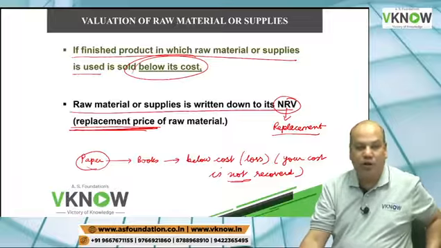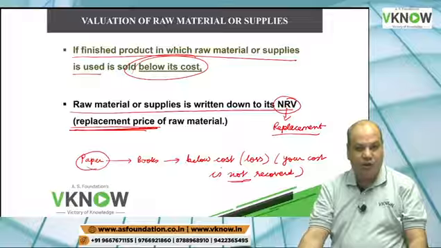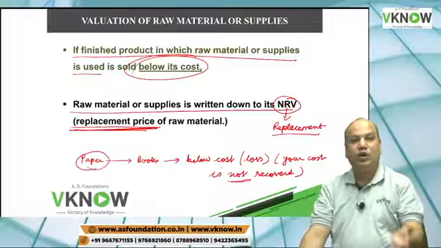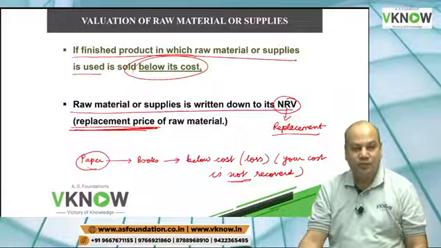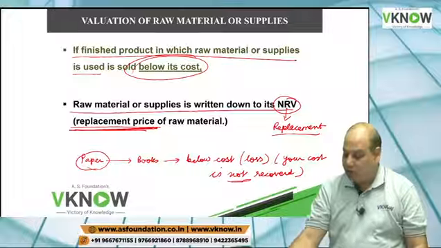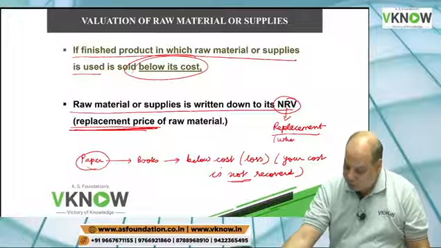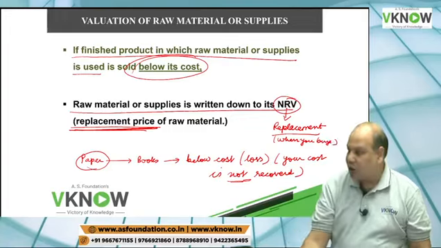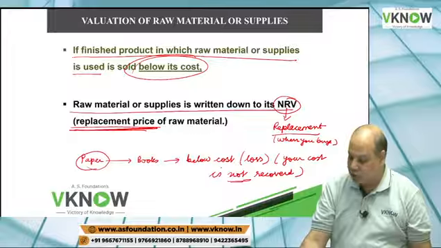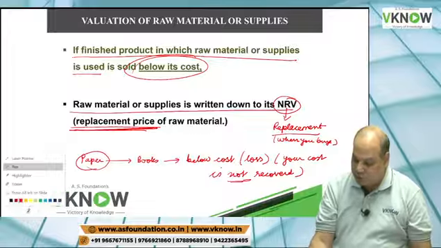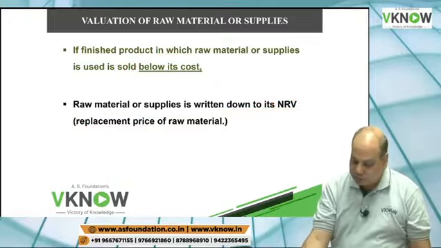Realizable value means the amount you will realize when you sell. Replacement value means the amount you will pay when you buy. Raw material is not sold, raw material is purchased.